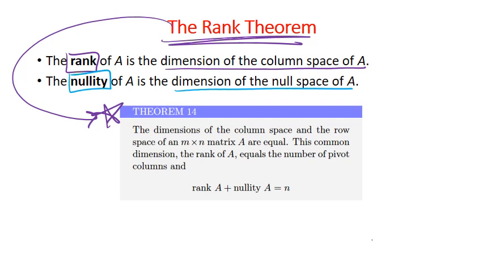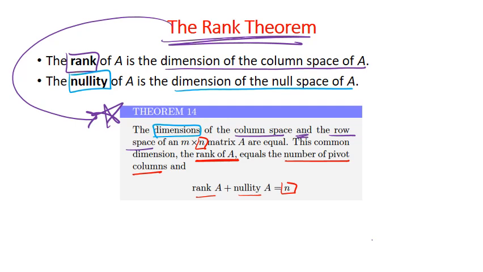Well, this theorem 14 says the dimensions of the column space and the row space are equal. This common dimension is known as the rank of A, and it equals the number of pivot columns, and rank A plus the nullity of A is equal to n, which are the number of columns of the matrix.